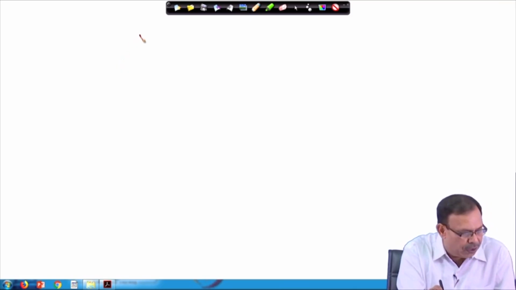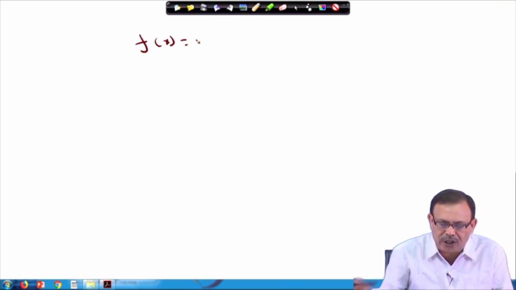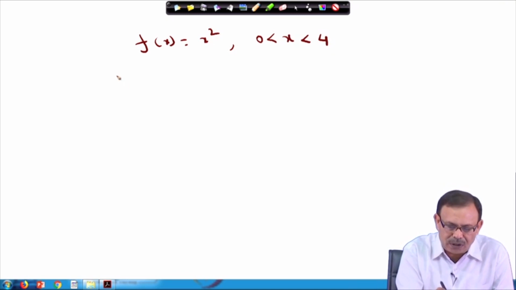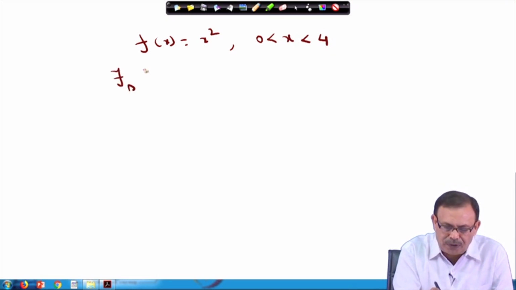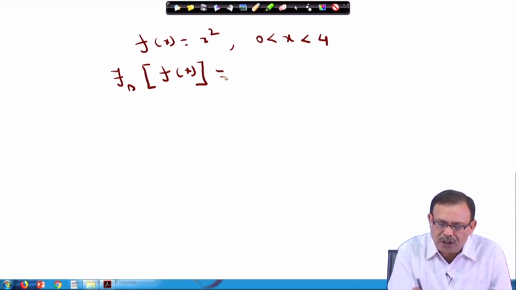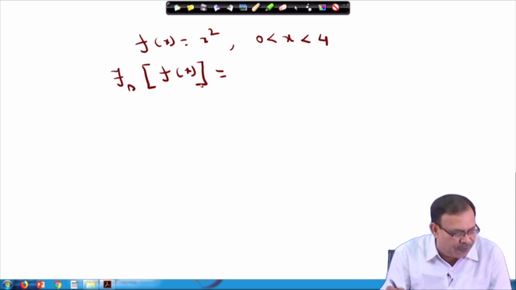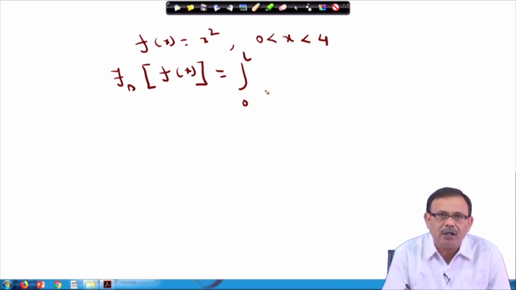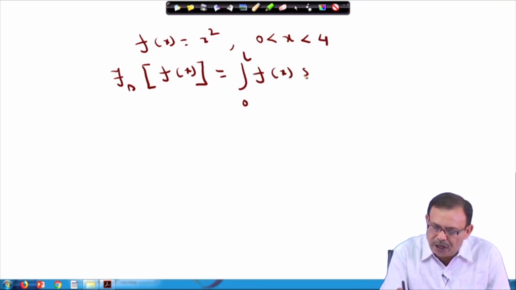Therefore, f x is given as x square where 0 less than x less than 4. The finite Fourier sine transform of f x, please note that although we use similar notation, this is the finite Fourier transform of f x. From the definition, it is the integral from 0 to L of f x into sin n pi x by L into dx.